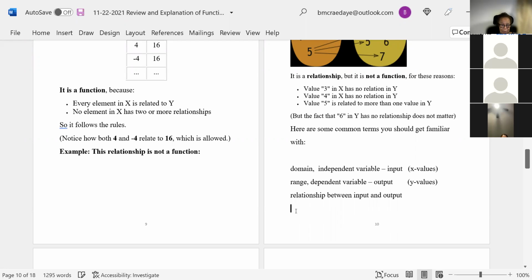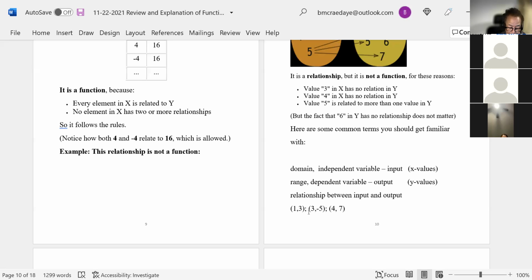Okay. Now, to make sure you know how to do that, let me put some ordered pairs here. 1, 3. And 3, minus 5. And 4, 7.